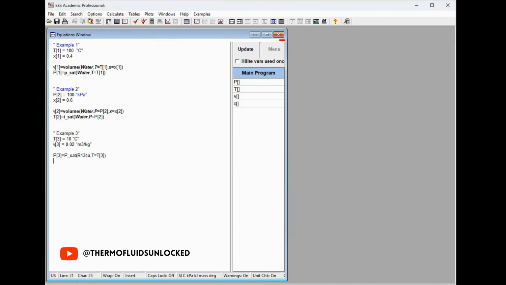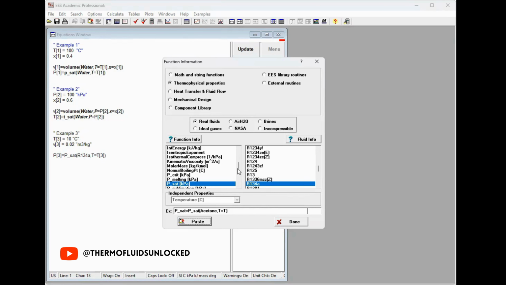And the other thing it was asked was the quality. So again, we have the quality function. It's here. And it says, okay, I need two independent properties. I cannot provide T and, for example, Psat because they're not independent. But here I have the specific volume given to me. So I say, based on T3 and V3, find X for me.